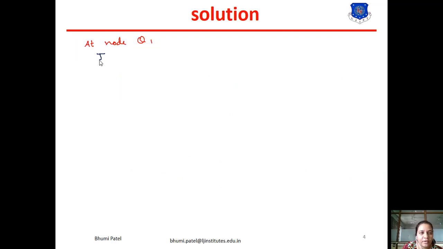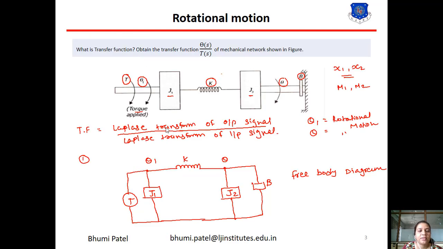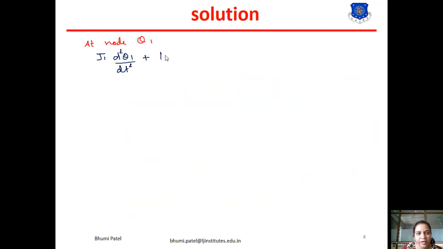So J1 d square theta 1 upon dt square plus K, which is connected between theta 1 and theta, so K(theta 1 minus theta) is equal to T. This is equation number 1.